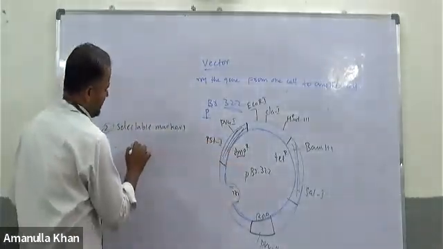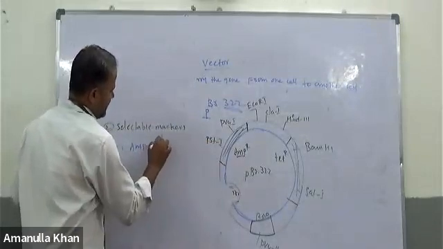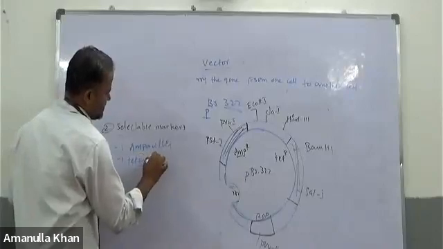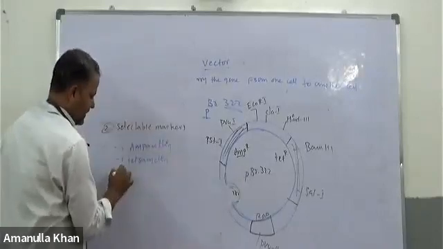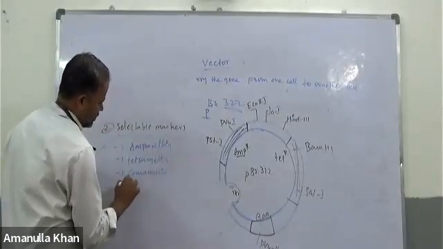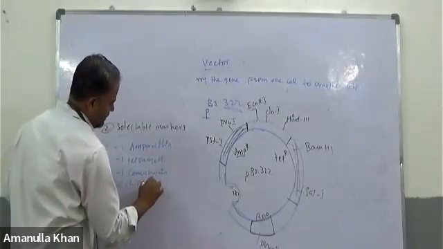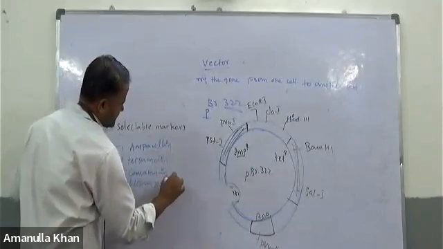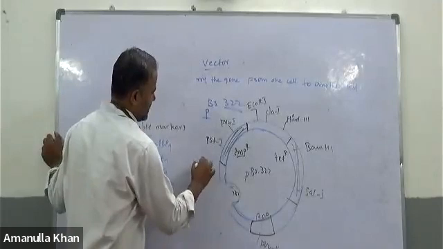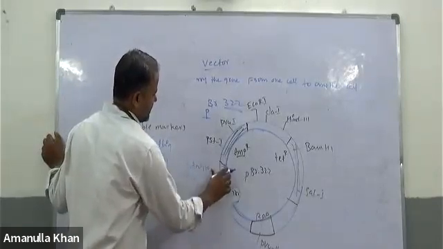Ampicillin, then tetracycline, and kanamycin, and then chloramphenicol. These 4 are what? These 4 are antibiotic genes.